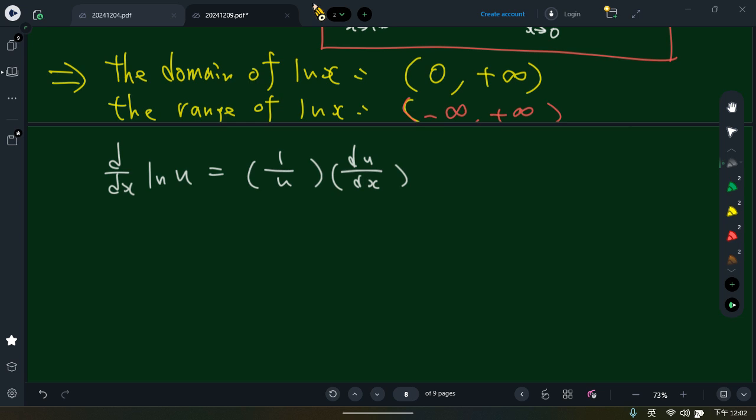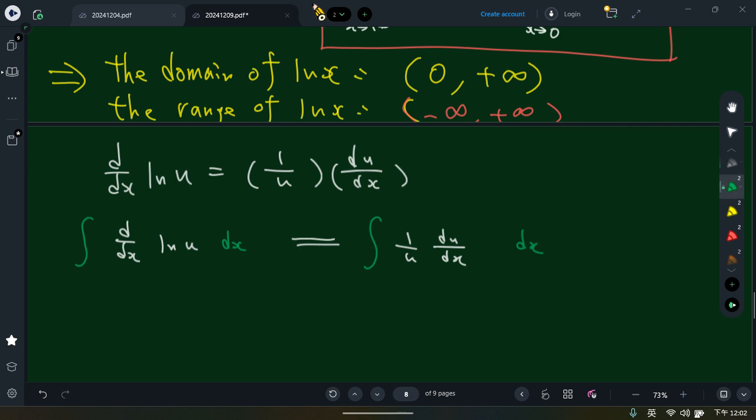So if I try to integrate both sides, we still can keep the equality. So this will be d ln u equals 1 over u du over dx.